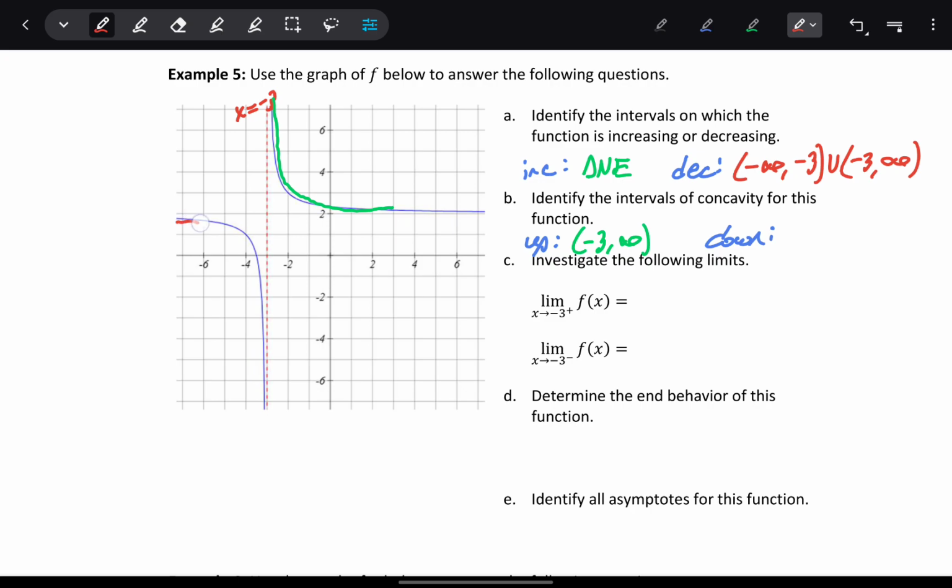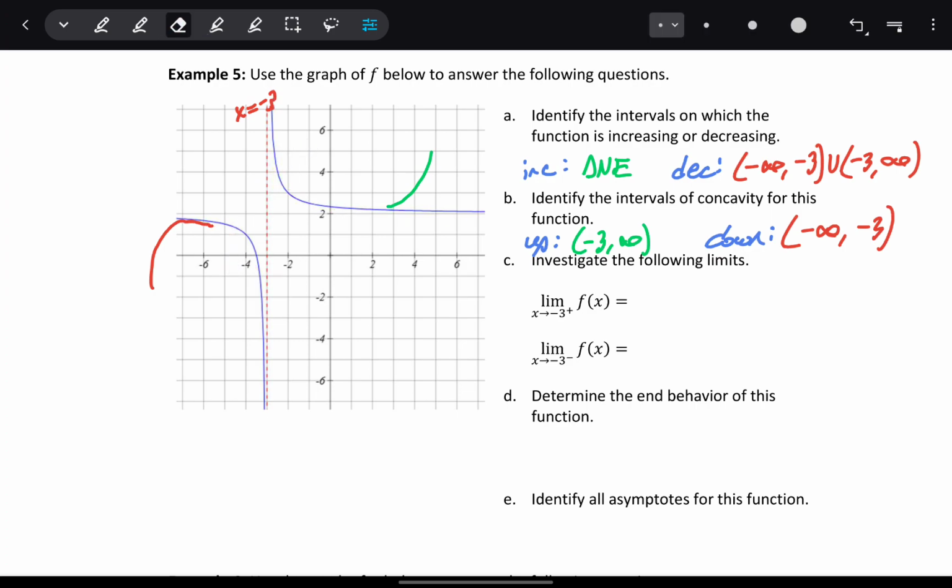And from negative infinity to negative 3, it's making this upside down bowl shape. Keep in mind, if there's not enough of the picture or enough of the curve to visualize that, you can always just imagine drawing the rest of that cup or bowl shape. But as long as we can understand whether that curve is opening up or opening down.